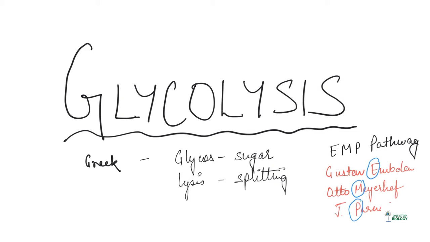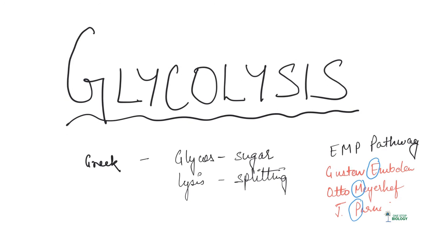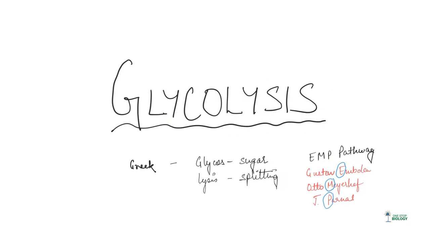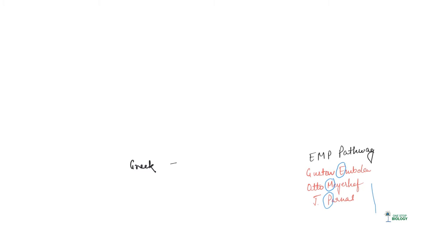Now, guys, if we talk about this process, basically in anaerobic organisms, this is the only process of respiration. So we'll have to remember this, that it is the only pathway of respiration in anaerobic organisms. Let's see what exactly this pathway is all about.